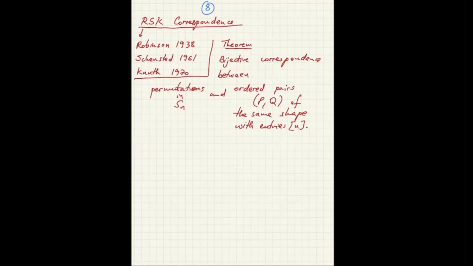So you have this bijection between permutations in Sn and ordered pairs. I haven't described the bijection, but it has some remarkable properties.